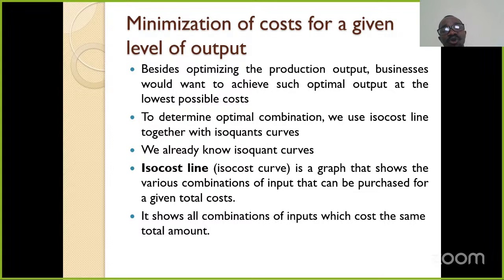You can also have several possible isocost lines. The one that is closer to the origin of the graph shows the lowest cost possible. And along all these isocost lines, there are different points that represent different input combinations.